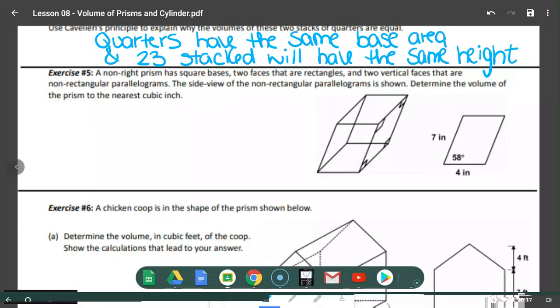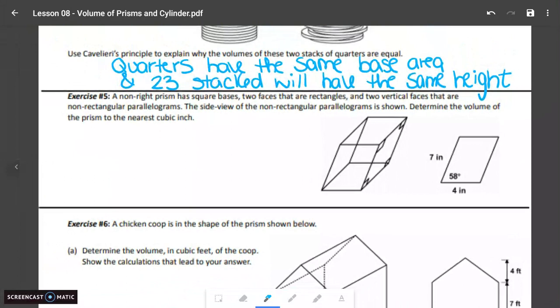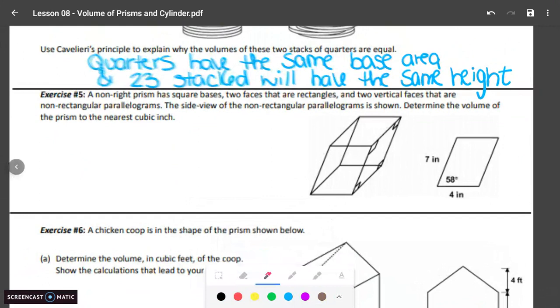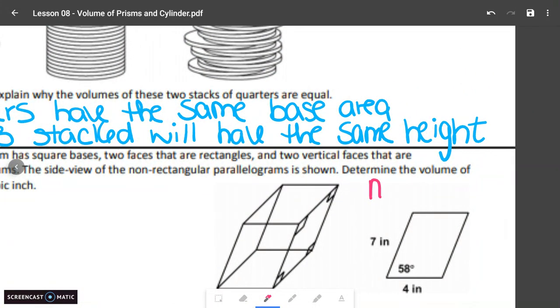Right prism has a square base, two faces that are rectangles, and two vertical faces that are non-rectangular parallelograms. From the side view, the non-rectangular parallelogram is shown. Determine the volume of the prism to the nearest cubic inch. So, in this case, now we can easily get the area of this base because parallelograms all have the same rule of base times height.